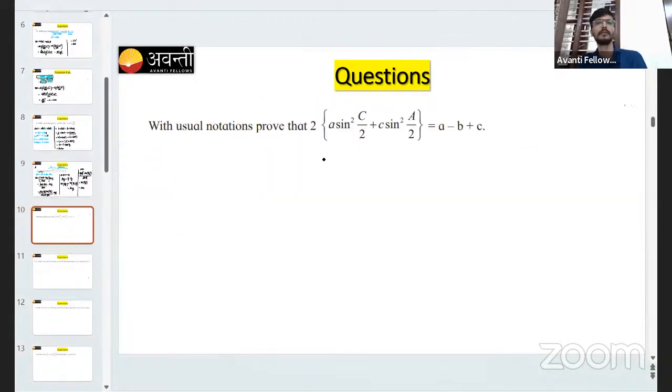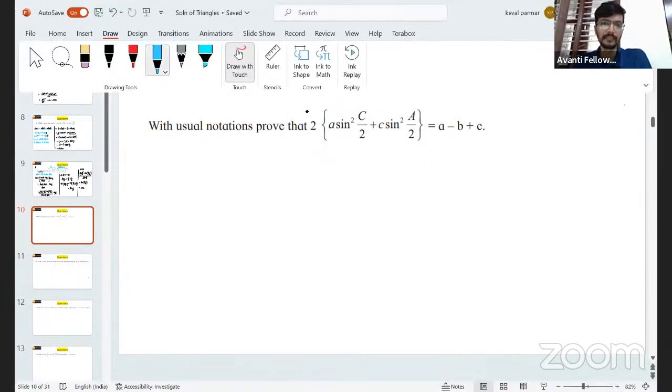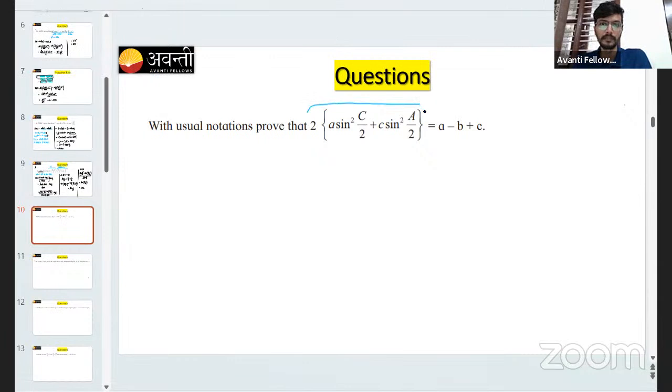This is also a good question. See, how do we start the question? By analyzing. Let's look at the left hand side. In the left hand side, I have A, C, that means I have sides and angles. On the right hand side I have sides. So from the left hand side I do not want angles.